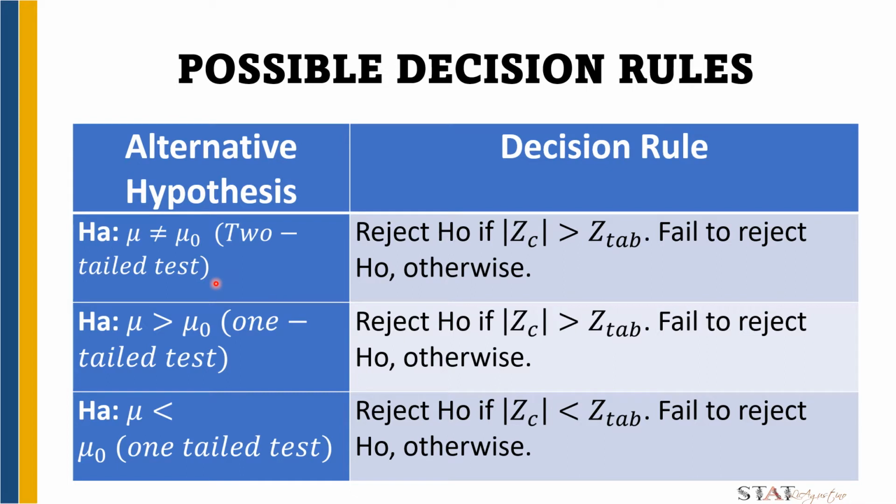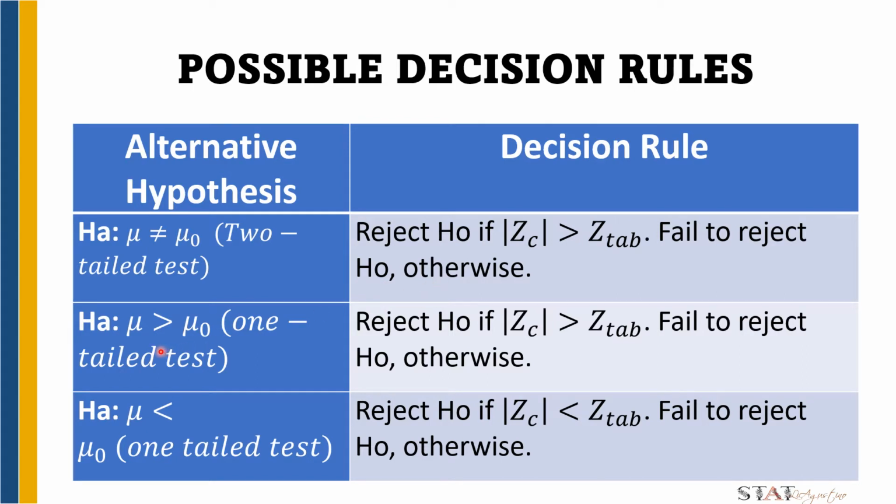The decision rule, which you should remember: reject H0 if the absolute value of Z computed, since it is two-tailed, is greater than Z tabulated, depending on your level of significance. Then fail to reject H0 otherwise.